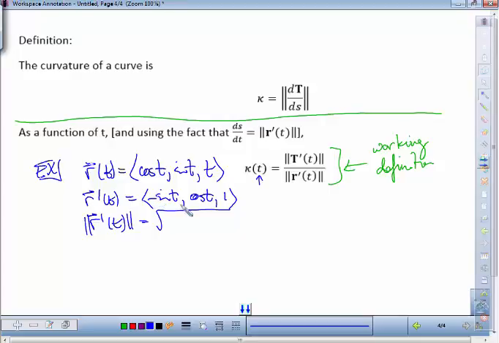Can I just write that? So T is equal to r prime divided by the magnitude of r prime. For that, I'm not going to put the magnitude of r prime as a denominator, but I'll just think about multiplying this by a scalar.